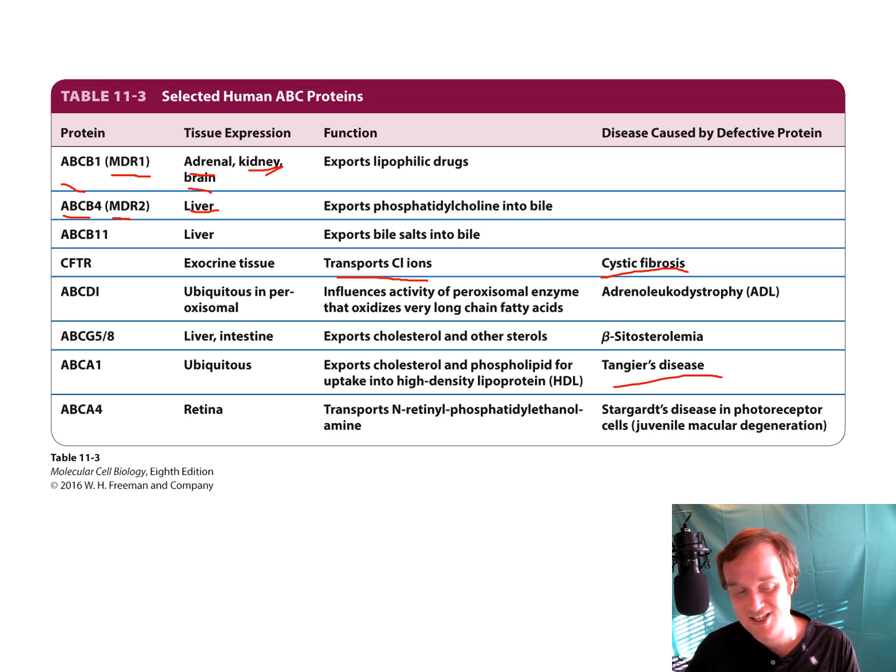I am not a human biologist. If there were plant diseases, I might be more familiar with them. But as you can see, these are very important proteins, and changes in them can lead to congenital mutations or defects within a person.